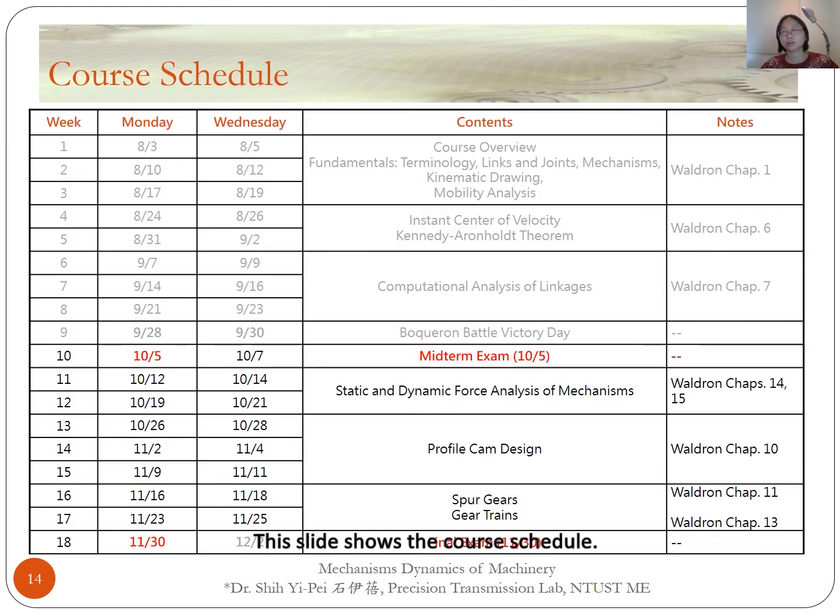This slide shows the course schedule. The second part of this course starts on Wednesday, October 7. The last class is on Wednesday, November 25. The final exam is on Monday, November 13, arranged by TA Sebastian.